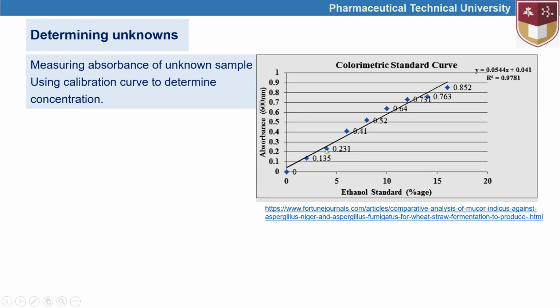Again, okay, the best range for colorimetry analysis is between 0.3 and 0.7 for absorbance. And if you are not able to find that, you have to be between 0.1 and 0.9, as I explained it.